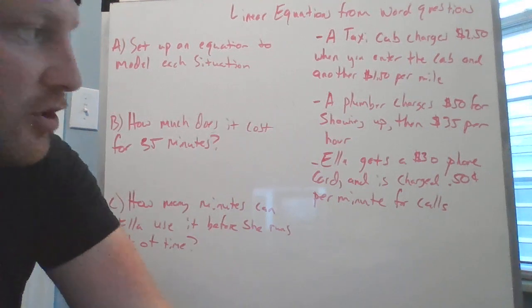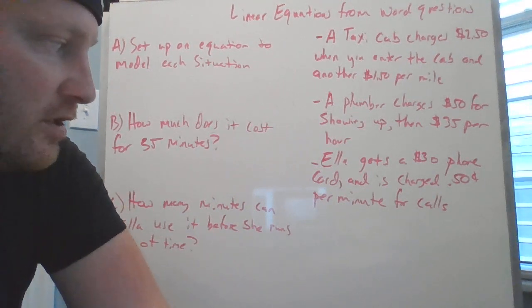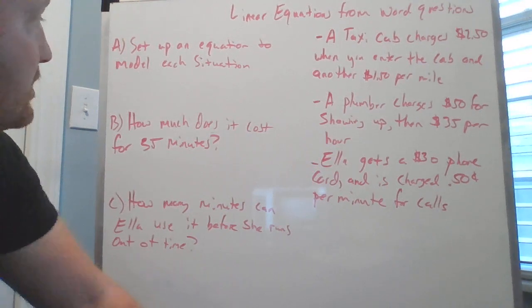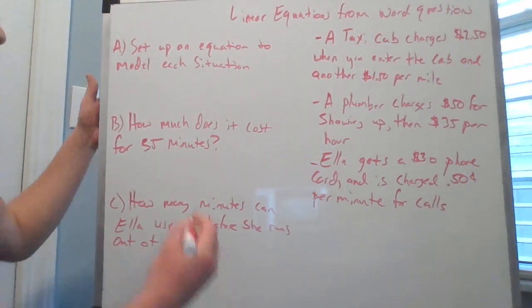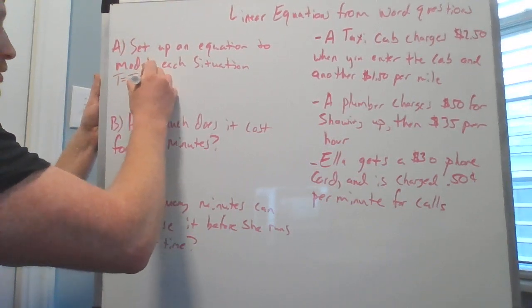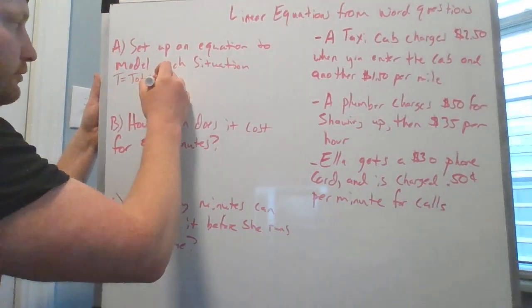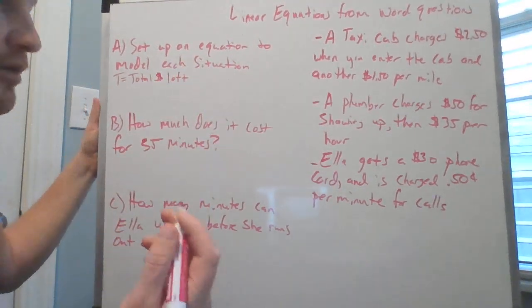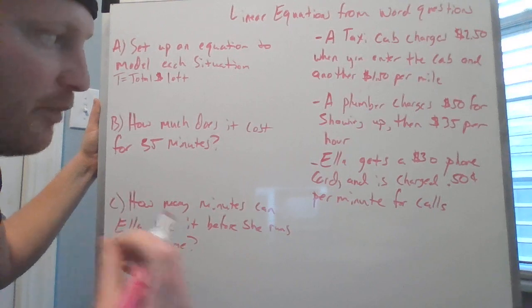Ella gets a $30 phone card and is charged 50 cents per minute for phone calls. Let's set up an equation to model this situation. So we got our T for total money left. This is where we comprehend the question.